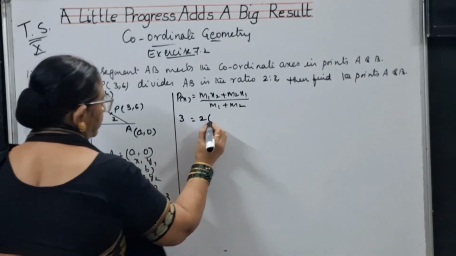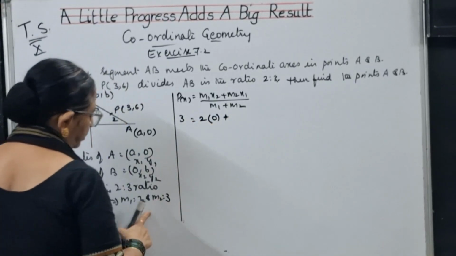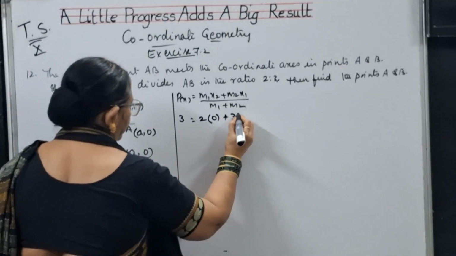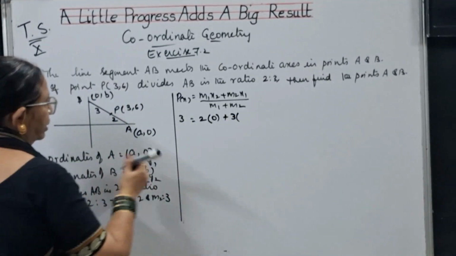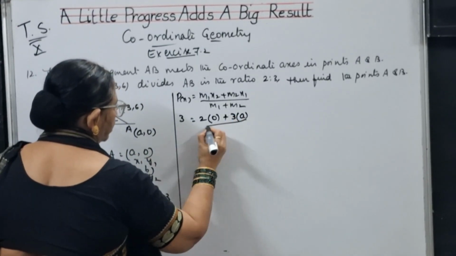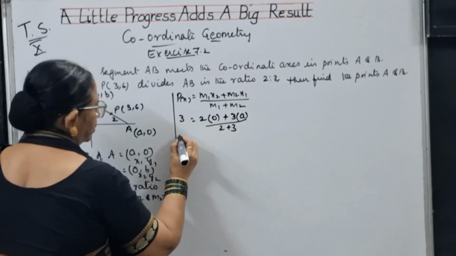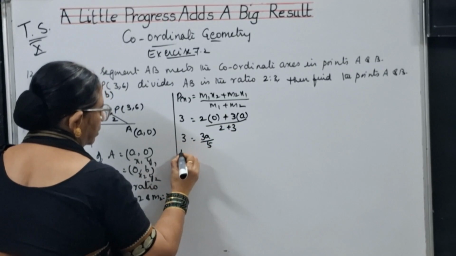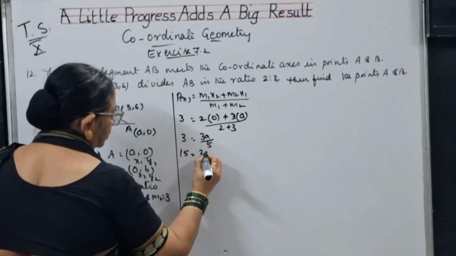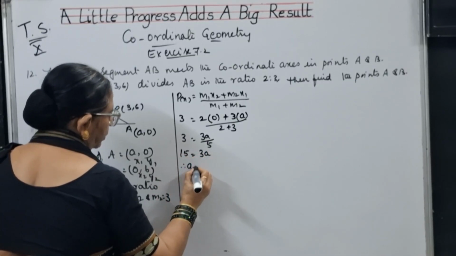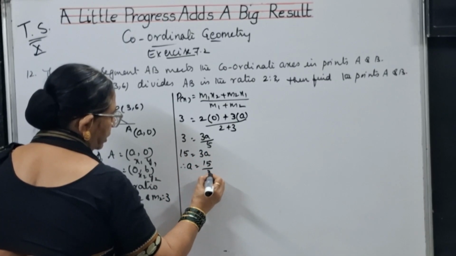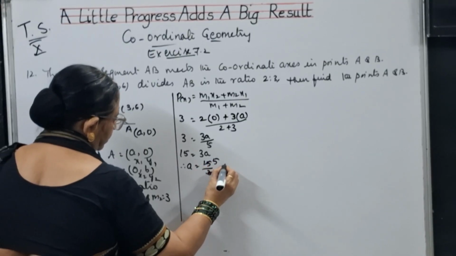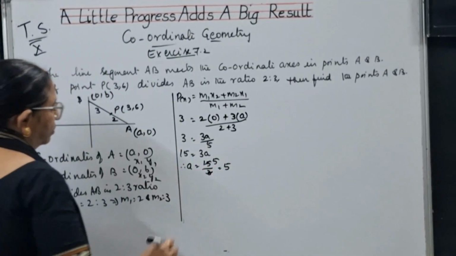What is x2? 0. Plus M2, it is 3 into x1. x1 is a, by 2 plus 3. 3 is equal to 3a by 5. 15 is equal to 3a. Therefore, a is equal to 15 by 3. That is 5. a is 5.